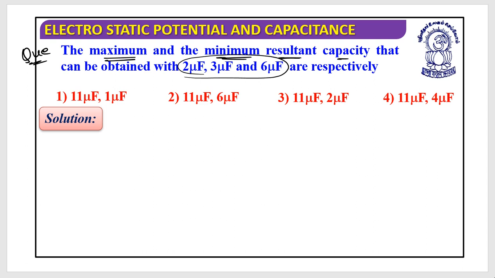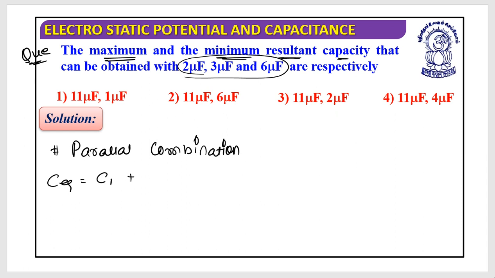So what I know is that when I connect them in the parallel combination, C equivalent should be equal to C1 plus C2 plus C3.